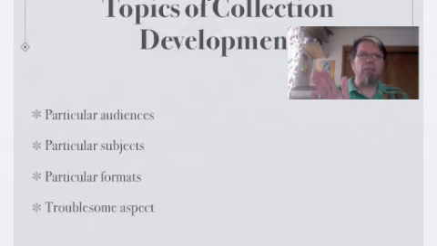So basically, particular audience that's served, whether it's children's, teens, adults, college students. Particular subjects. So basically, if there is a topic or a subject matter that is a strength for the collection, this is where it's highlighted that it maintains a strength.